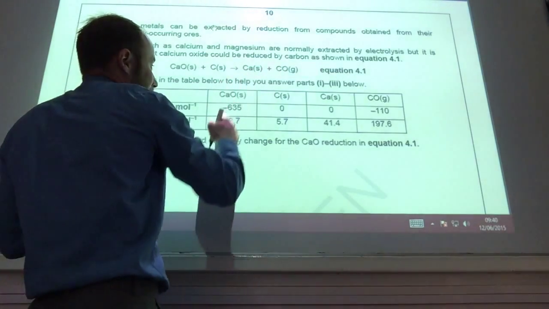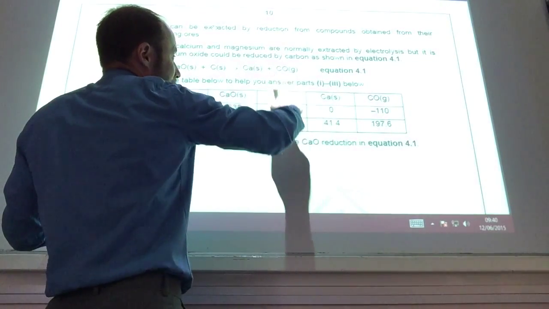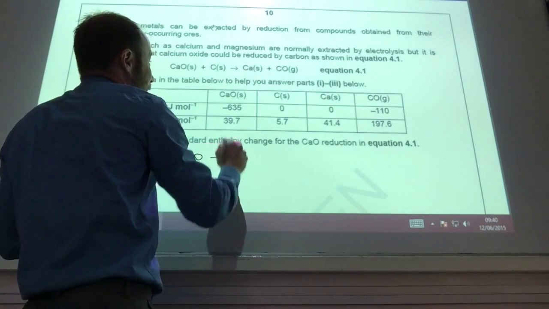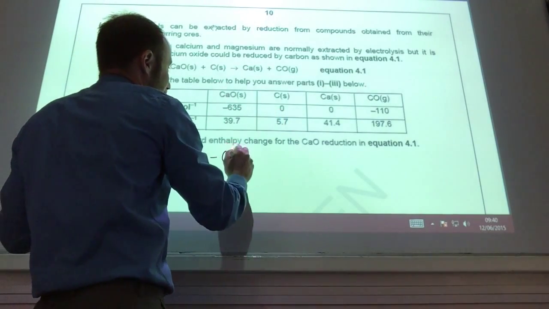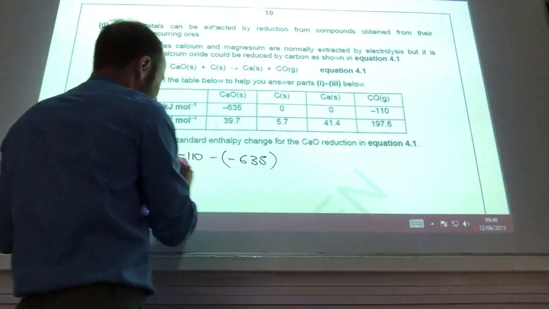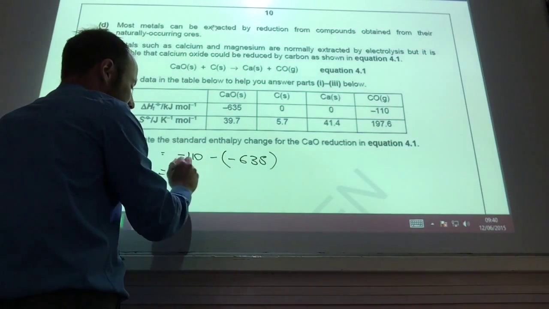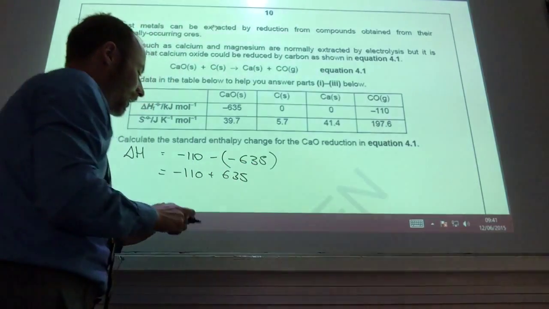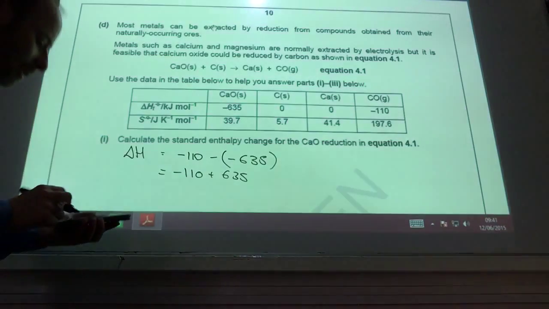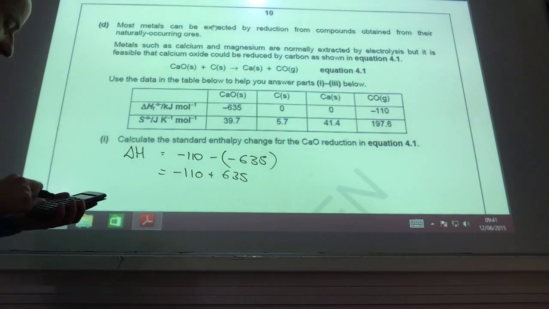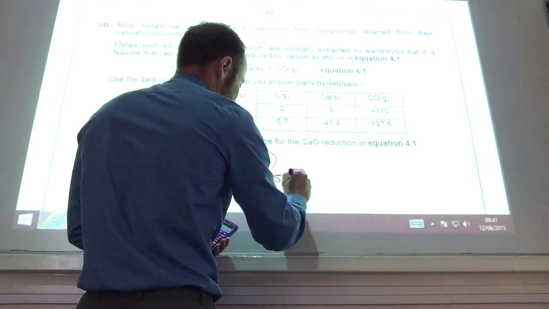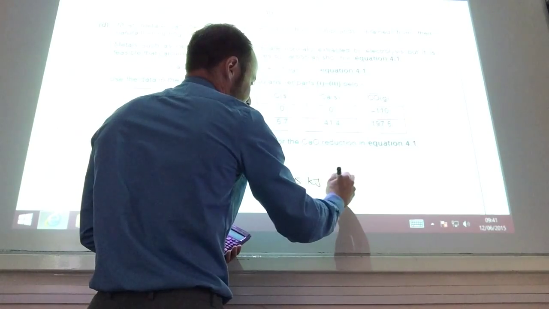So I've got calcium, which is obviously 0, carbon monoxide minus 110, and that's going to be minus carbon, which is going to be 0, minus minus 635. You've got a double minus there, so it becomes minus 110 plus 635, like so. And if we put that into our calculators, minus 110 plus 635 gives us 525 kilojoules per mole.